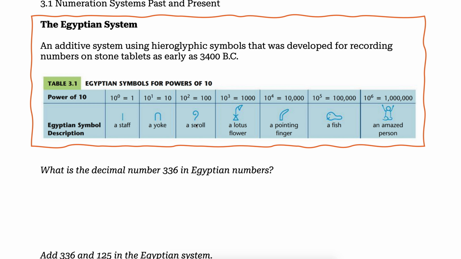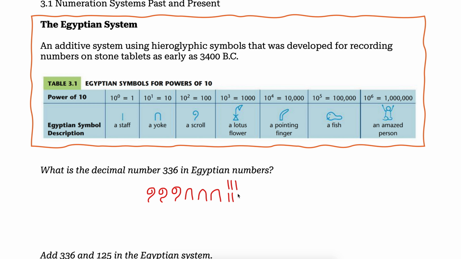So 100 is the scroll, so 300 would be 3 of the scrolls. And forgive my images here, but there's 300. And then 30 is 3 tens, so 3 yokes. And then 6 is 6 ones.